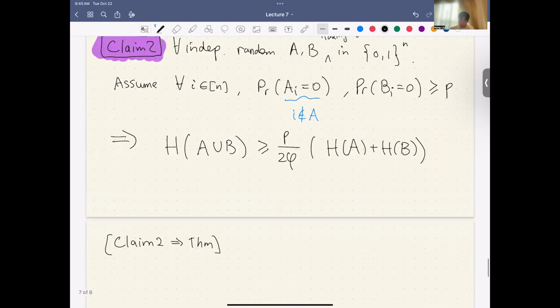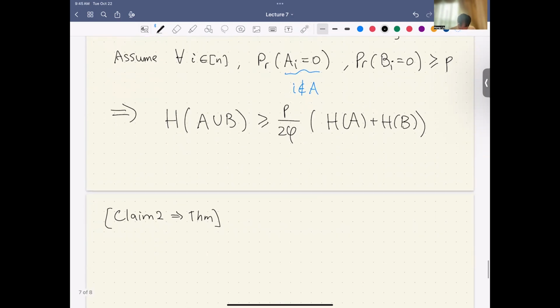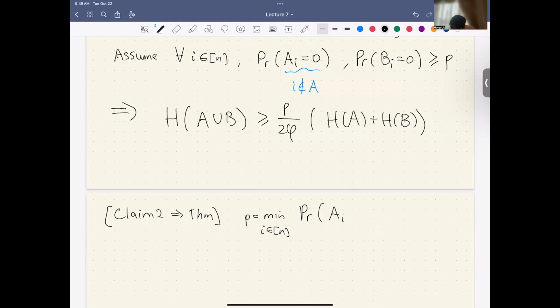So let's define little p to be the minimum over i in [n] of the probability that A_i equals 0, so i is not in A, when A is uniformly chosen from F, from our union closed family.